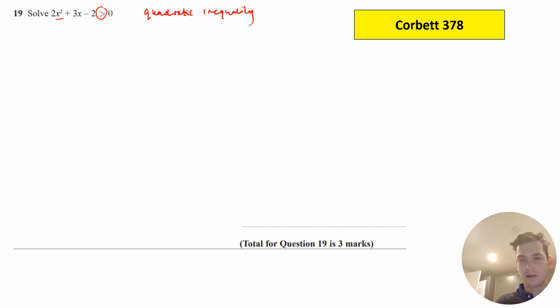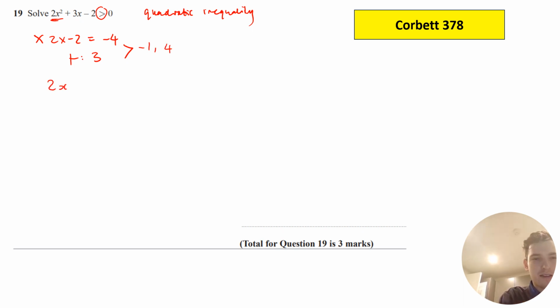Then I'm going to plot a graph, and then I'm going to work out my answers. So my first step is to factorize. So I want two numbers that multiply to make 2 times minus 2, which is minus 4, and add to make 3. So what are those two numbers? I think they are minus 1 and 4.